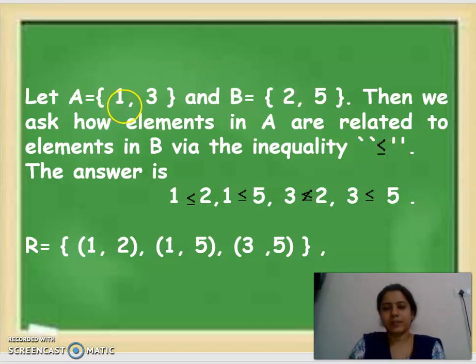Take the first element from capital A and the next element from capital B such that a is less than or equal to b. So 1 is less than or equal to 2, so we can take (1, 2). 1 is less than or equal to 5, we can take (1, 5). But (3, 2) we can't take because 3 is not less than or equal to 2, and (3, 5) we can take. So now the relation contains (1, 2), (1, 5), (3, 5).